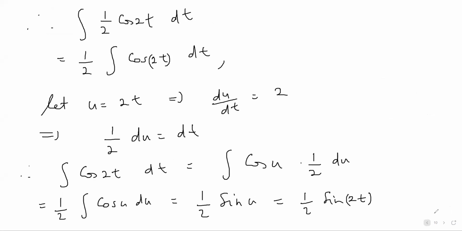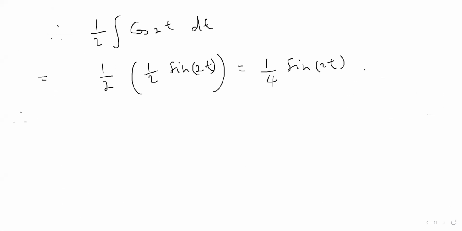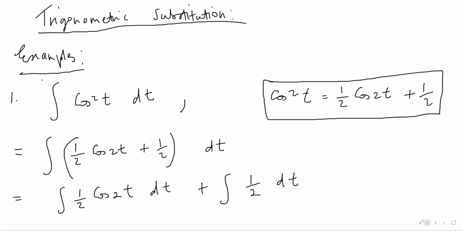Therefore we have that the integral of cos squared t with respect to t is the following. Now we've got both terms. It's equal to this integral here plus this integral here.